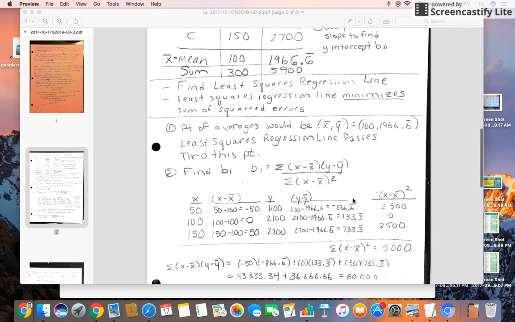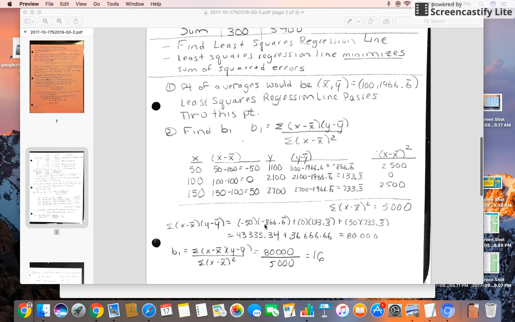So then I'm going to need to find the numerator in our calculation. I will need to take this times this and plus this times this, which is this, and then this times this. And when I sum all that together, I get 80,000. So that's this numerator.